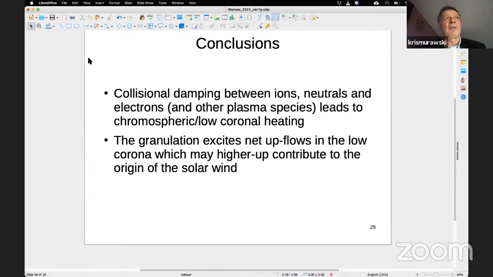We have slow magnetoacoustic waves, which are more important. Those waves are excited by the granulation, and they are sufficient to generate sufficiently strong outflows or upflows, and those upflows can, high up, generate the nascent solar wind. To answer your question directly, no, I haven't tried yet.